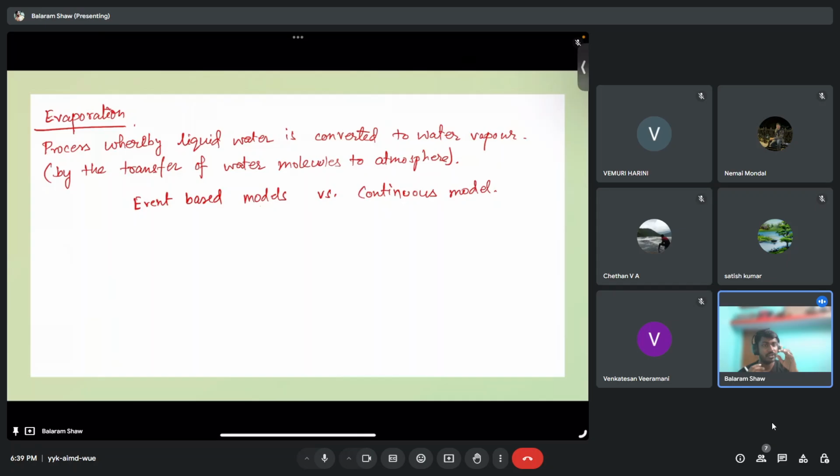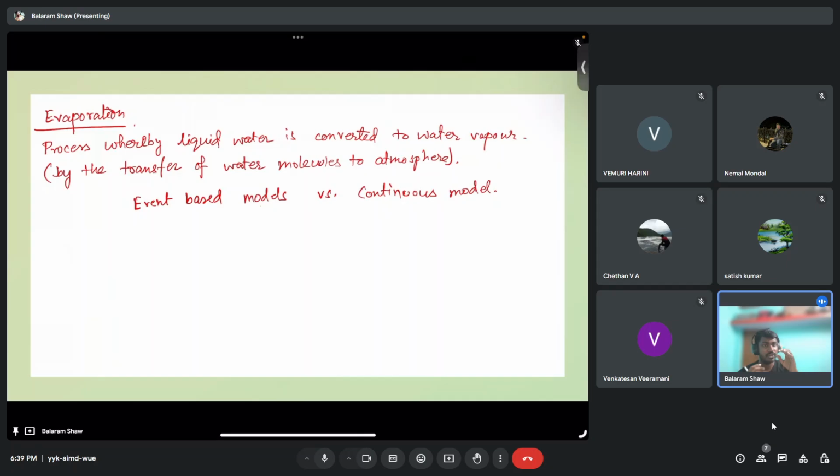Okay. So the next factor that affects the evaporation rate is wind speed. If the wind velocity or wind speed is more, will the evaporation loss or evaporation rate be higher or lower, anyone tell?